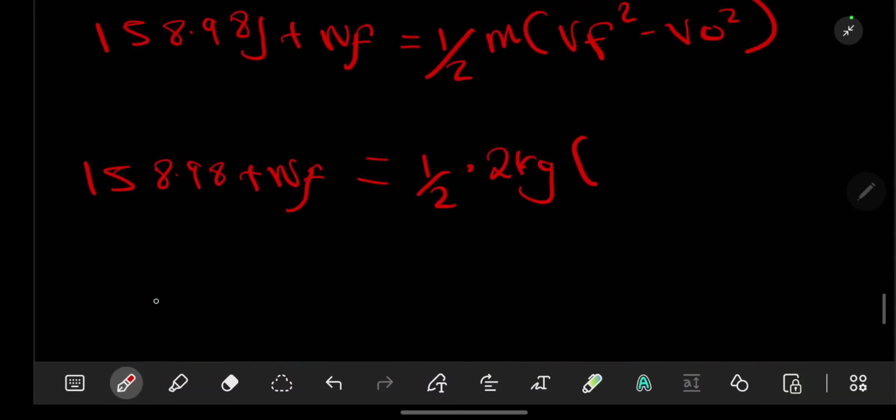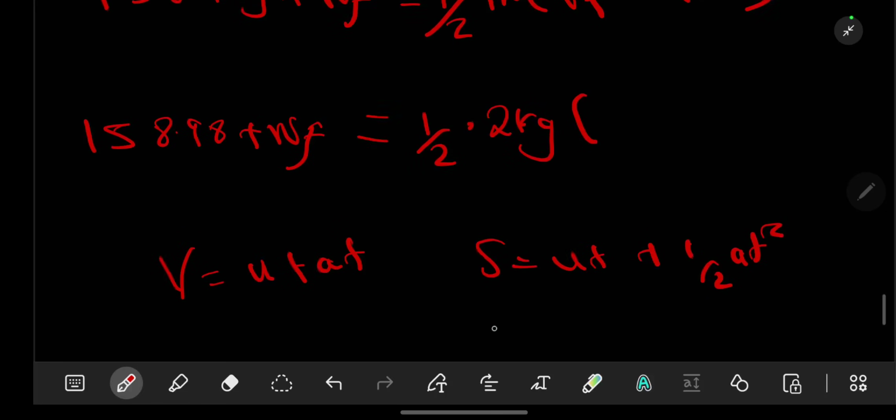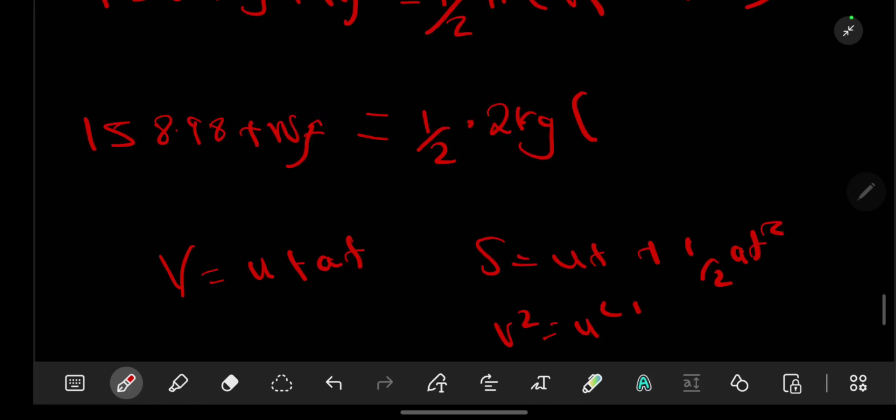So the velocity, using the kinematic equation s = ut + ½at², or V squared equals U squared plus 2as. Since we know the distance, we know the acceleration, and we know it started from rest, we can use this formula.